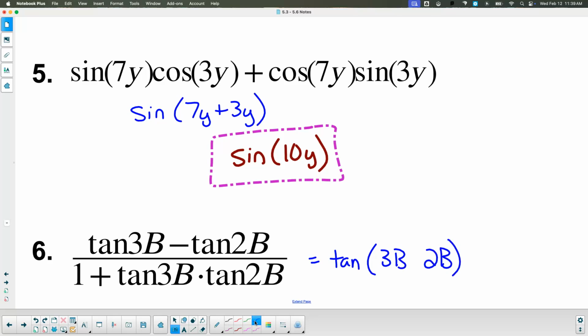Is it adding or subtracting? Subtracting. 3b minus 2b then is b. So this is just the tangent of b.